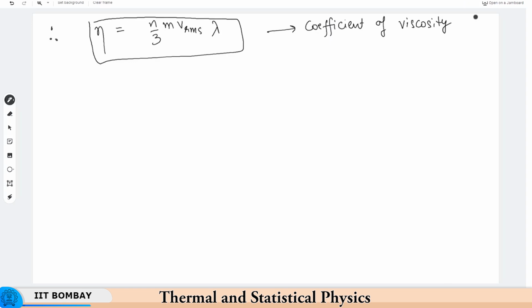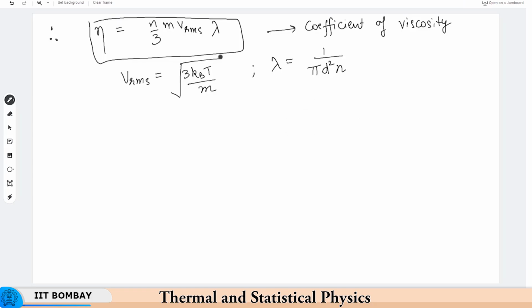All right. So remember now we know what our V RMS is. V RMS is basically the square root of 3 kBT divided by m, and also lambda, as we saw in the last class, is basically 1 by pi d squared n, where n is the number density.